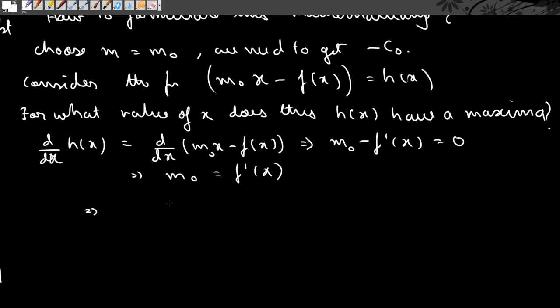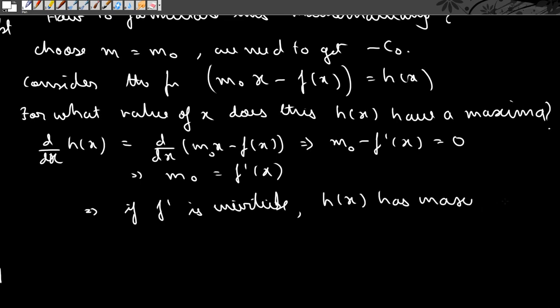Which implies, if f dash is invertible, h of x has maxima at x equal to f dash inverse of m naught.